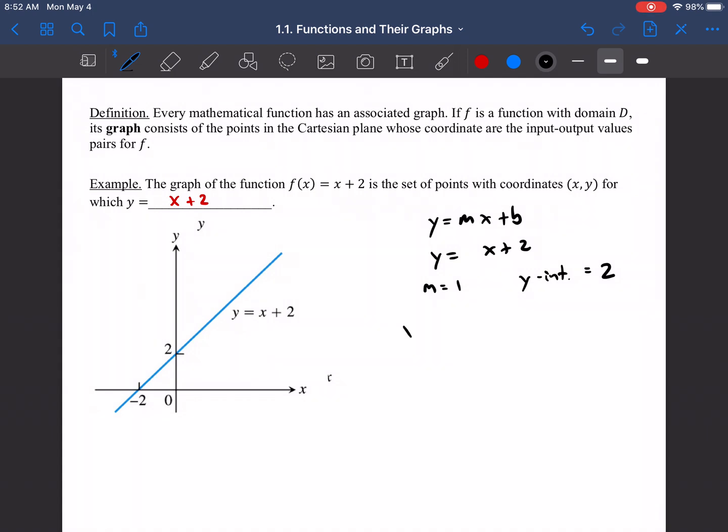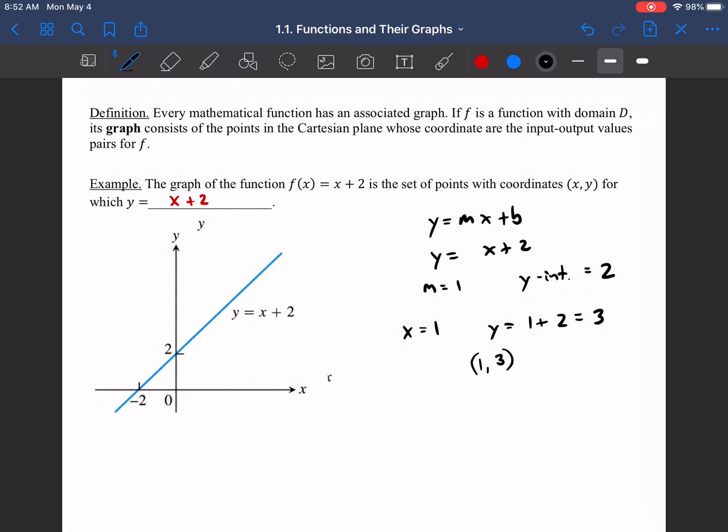So we might say, let x equal 1, and when that happens, we get y equals 1 plus 2, sorry, not 1 plus 3, and that equals 3. So we get the point 1, 3 on there.